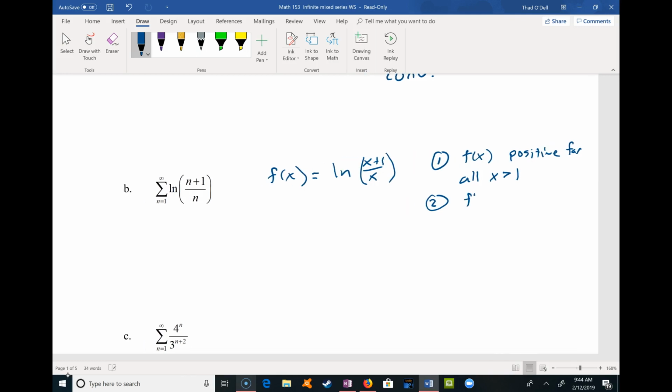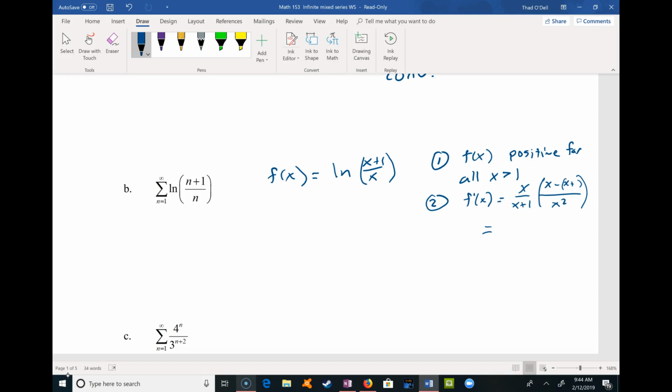The derivative of this thing would be x over x plus 1 times the derivative of that, which would be, let's say low d high, which would be x, minus high d low, which would be x plus 1, all over x squared.